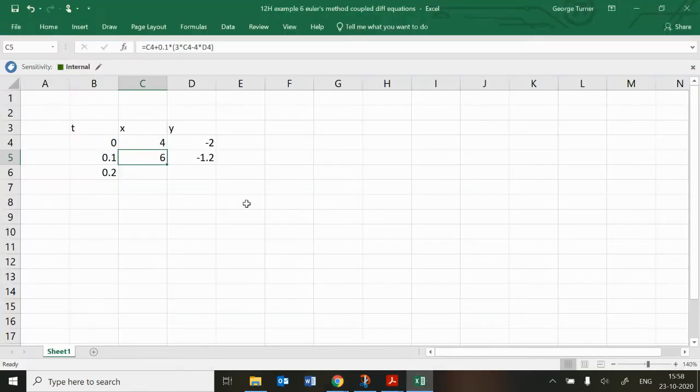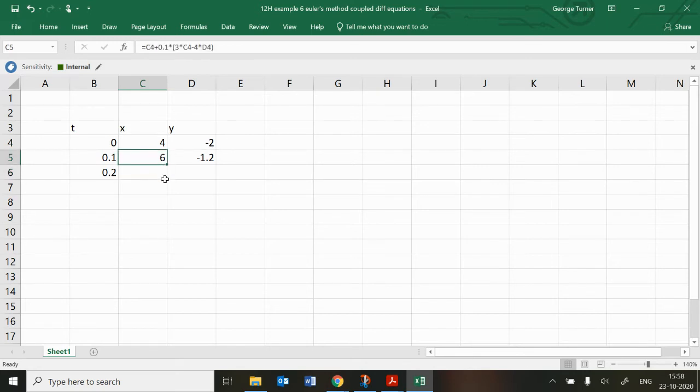Going to Excel, you can see that I've done this one here: the previous x value, that's C4, plus the step length, which is 0.1, and then times dx/dt in here, that's 3 lots of x, subtract 4 lots of y. Okay, so that's how I'm setting this one up.